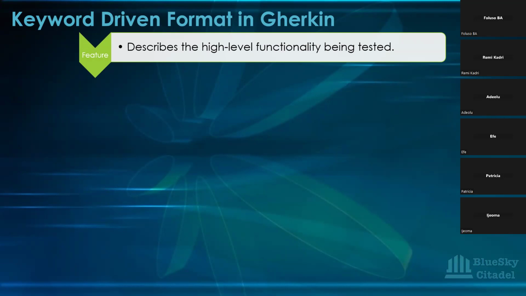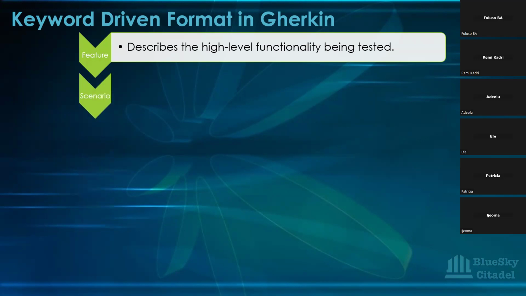So this is where the feature comes in. Think of the SharePoint logo or team logo or something like that. That's your feature. It helps you describe the high-level description of a feature that you want to implement or test. So that's what the feature is.